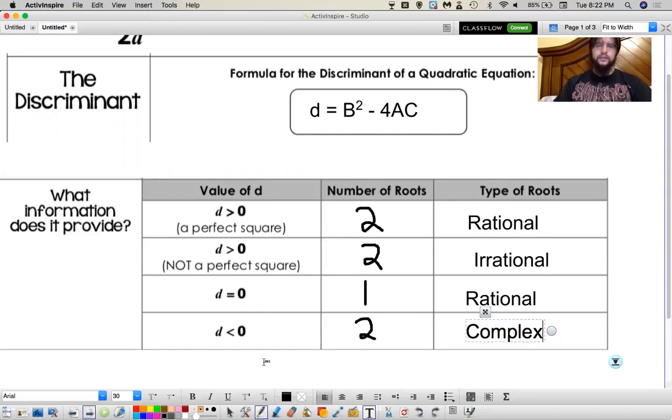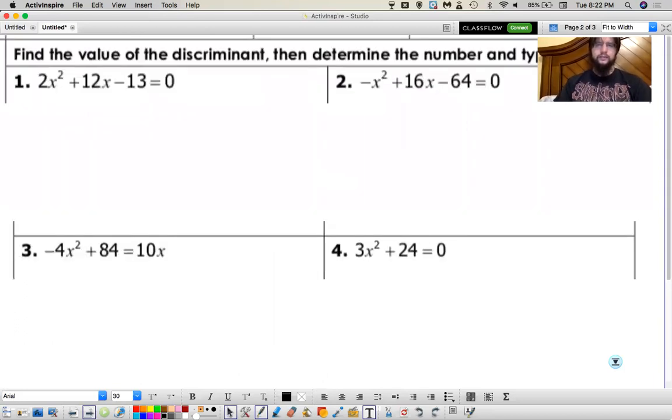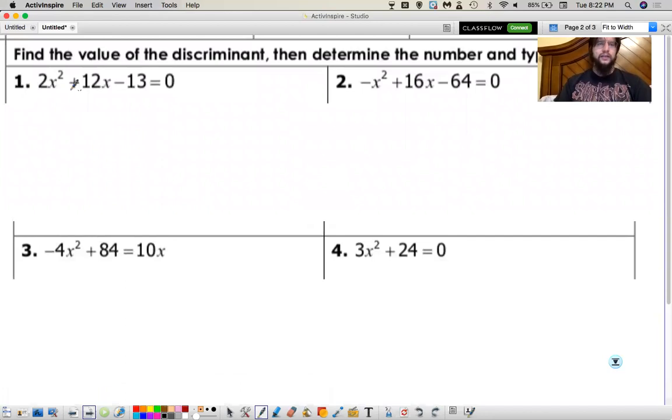So let's calculate the discriminant. It is just that b squared minus 4ac. It helps you out to write down what a, b, and c are. Make sure you're in standard form with a quadratic. It's got to equal 0: ax squared plus bx plus c equals 0.